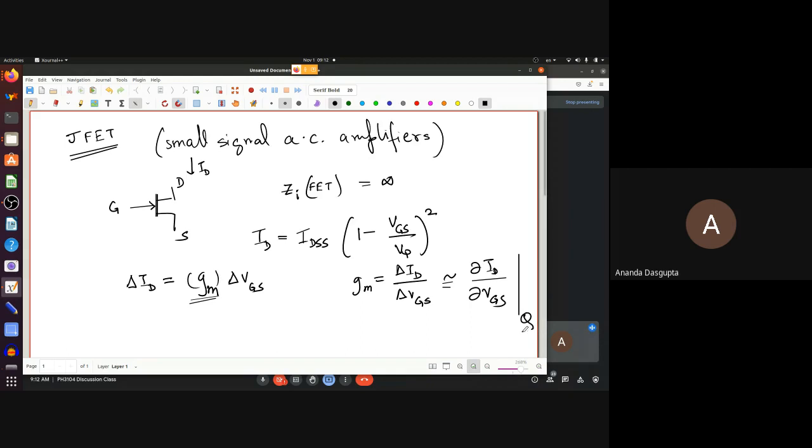Of course, when the quiescent point changes, since the relationship between ID and VGS is nonlinear, as you can see here, so does GM. But for a particular quiescent point, GM has a particular fixed value. And when you move slightly away from that quiescent point, the change in the current is just given by that GM into delta VGS.